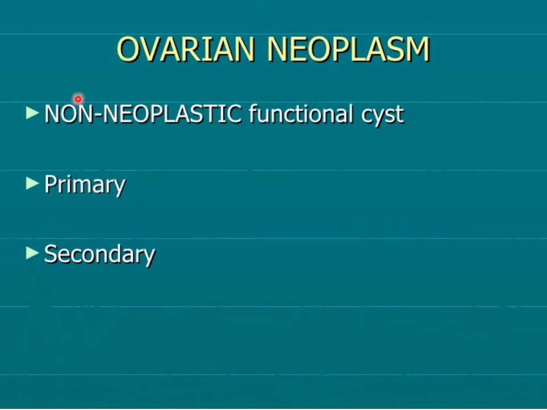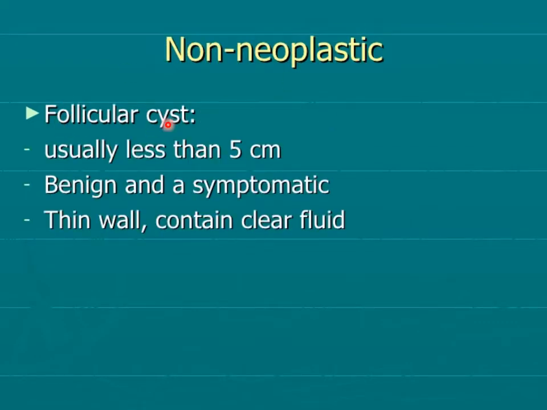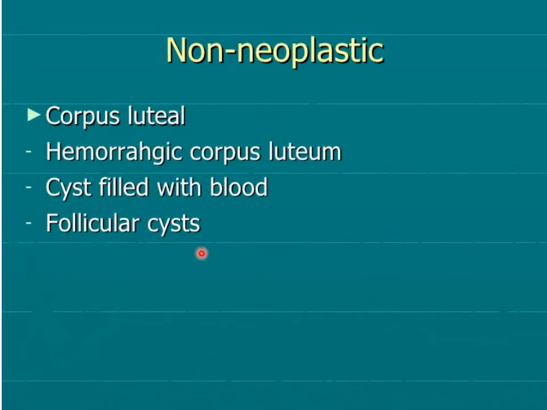Now we take a start. First of all, we will take up the non-neoplastic functional cysts that are very commonly seen in the ovarian tissue. These are follicular cysts that are usually less than 5 centimeters. These are benign and asymptomatic small cysts that are thin-walled and contain clear fluid. Next are the corpus luteal cysts.